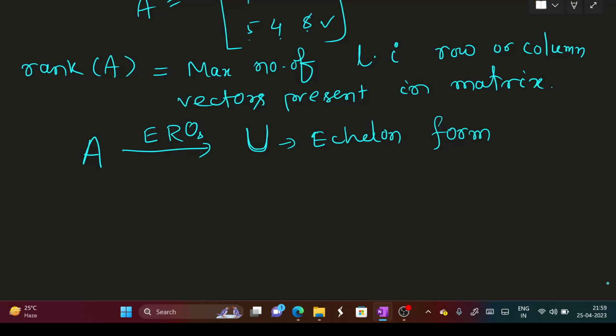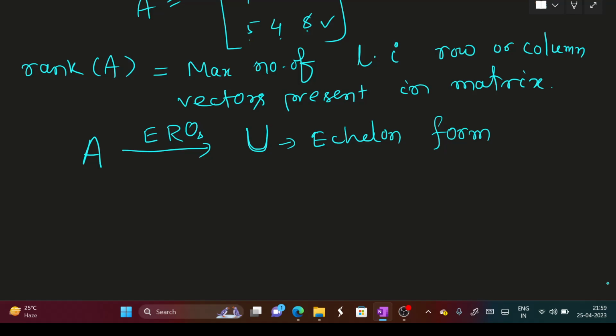What is the meaning of echelon form? Below the pivots in the pivot columns of the matrix U, all the elements must be 0. Second condition, all the 0 rows are at the bottom. Another condition is that the (k+1)th pivot must be to the right of the kth pivot.